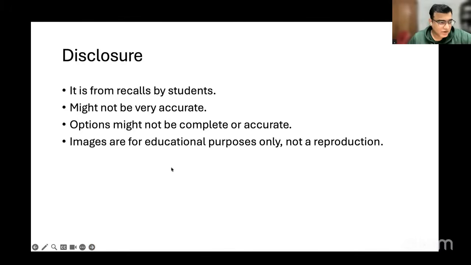We cannot guarantee 100% accuracy. Some options were not recalled by people. The images given are obviously for representative purposes only because they were fetched from the internet and not exactly from the question paper. Right, sir? Anything to add?